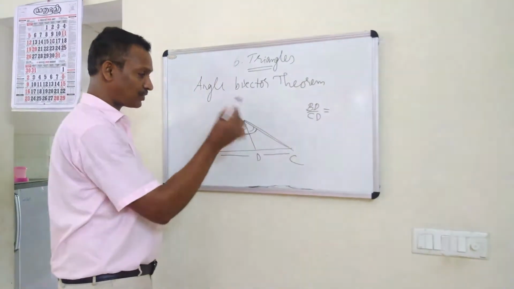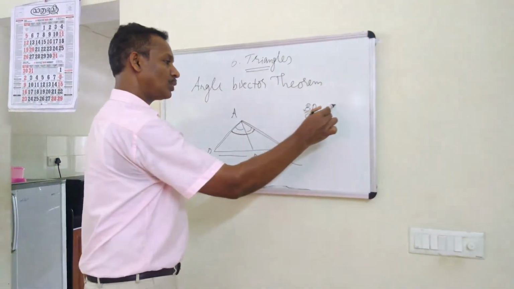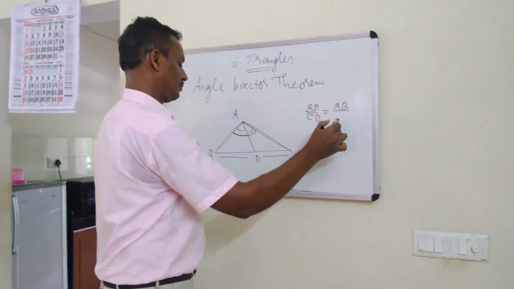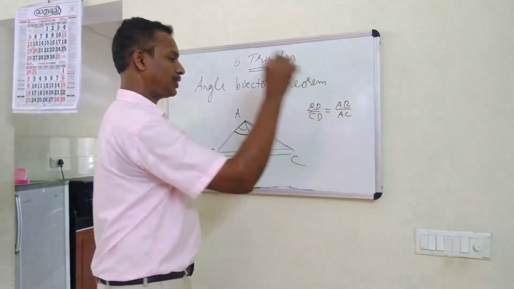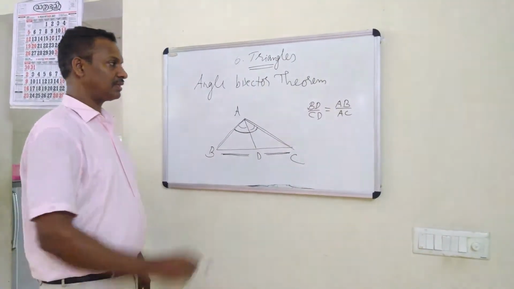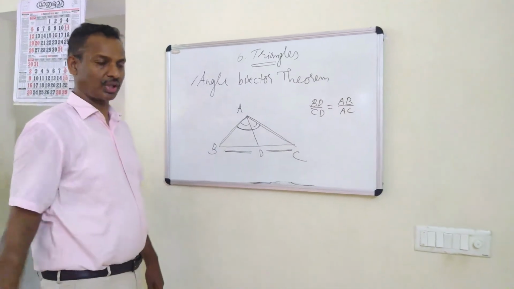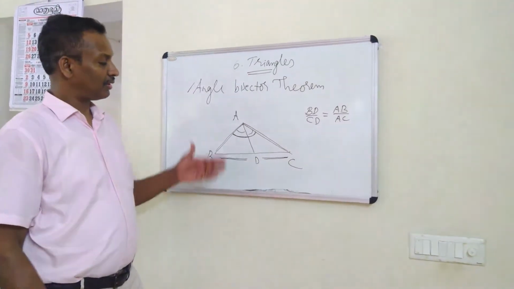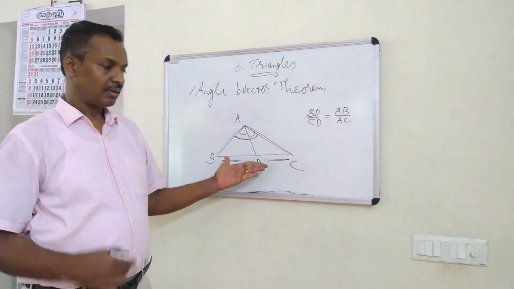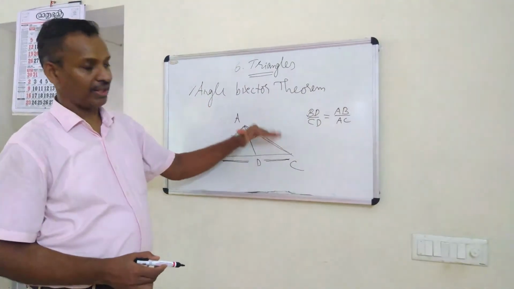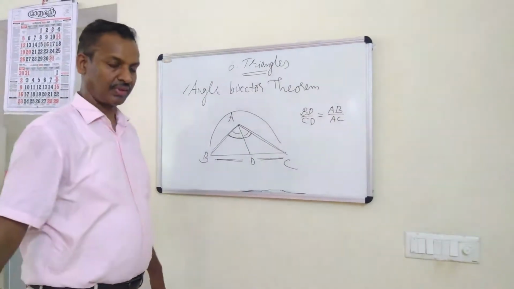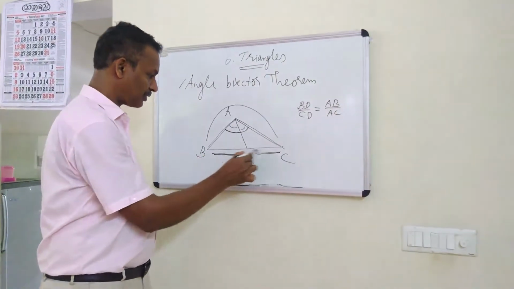Those two sides' ratio is also equal to BD by CD. This is the angle bisector theorem. So I will state the theorem once again. The bisector of an angle divides the opposite side in the ratio of the sides containing the angle.